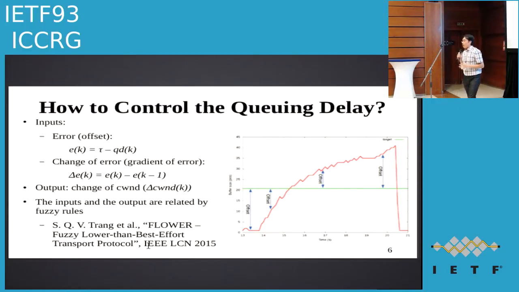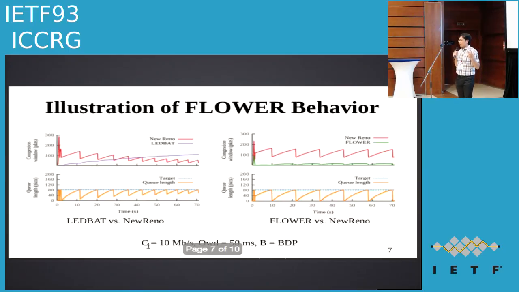Next. Now, I will show you the results of our new protocol. The figure on the left is the running example from the beginning, in which a LEDBAT flow can starve a new Reno flow. In the same scenario with the same network condition, on the right side, you can see that our protocol, Flower, remains an LBE protocol.